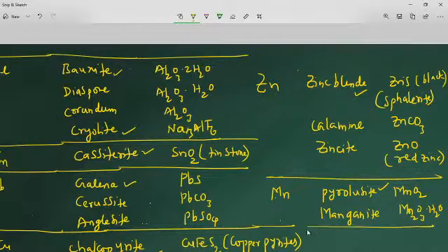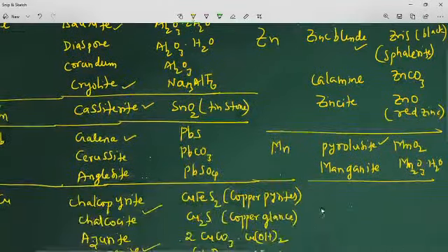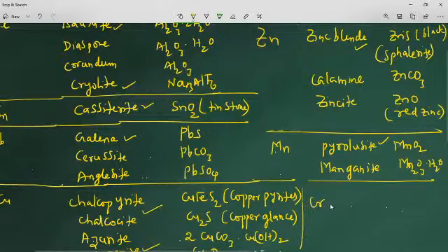And last but not least, we have chromium. The chromium ore is chromite, the most important ore, required for the preparation of potassium dichromate. Chromite ore is Cr2O3.FeO.